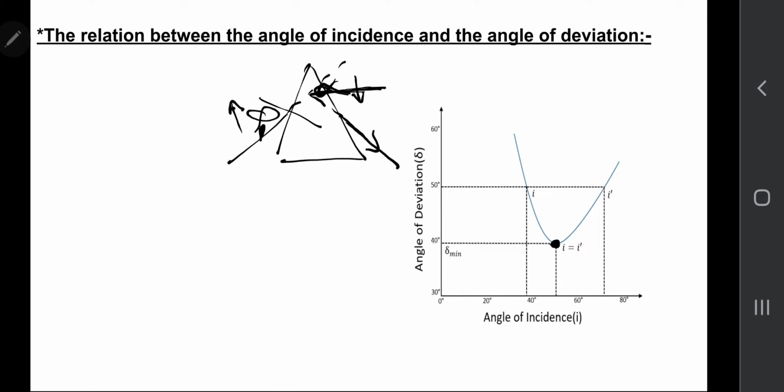This is the minimum angle of deviation, 40 degrees, at a certain angle of incidence, 50 for example. And after that, when we increase the angle of incidence more than this value, the angle of deviation becomes more again.